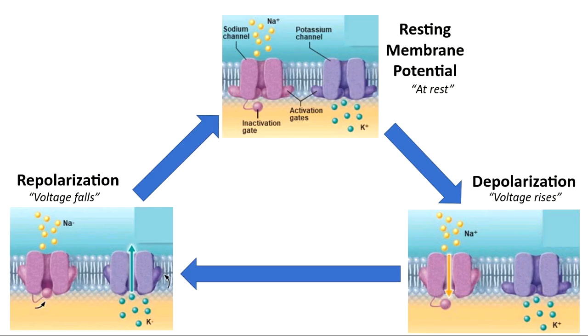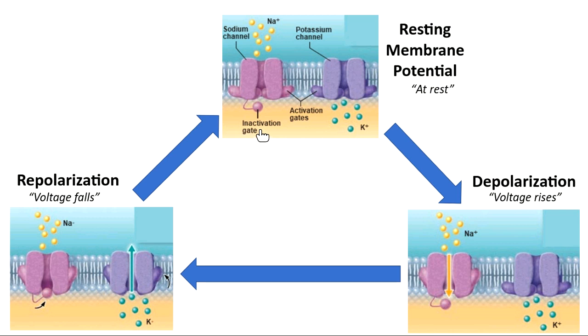This picture right here shows you the 2 types of voltage-gated channels. On the left, we have voltage-gated sodium channels. On the right, we have voltage-gated potassium channels. Voltage-gated sodium channels have this special little thing right here. So see this little thing called the Inactivation Gate? It's kind of like a stopper in a bathtub.